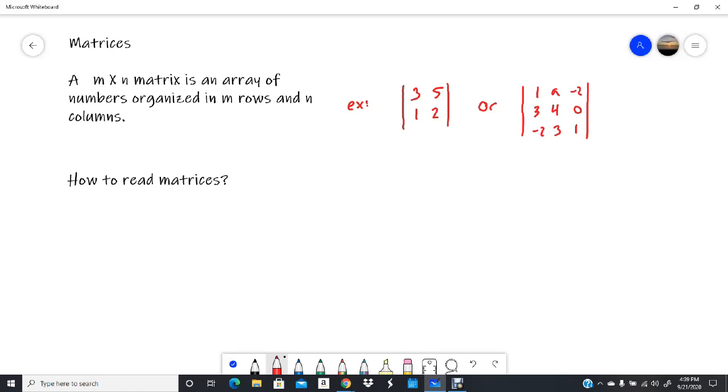And how do we read matrices? Well, first we count the rows of the matrix, and then we count the columns. So this would be a 2 by 2 matrix. There's 2 rows and 2 columns. This would be a 3 by 3 matrix. Another example.